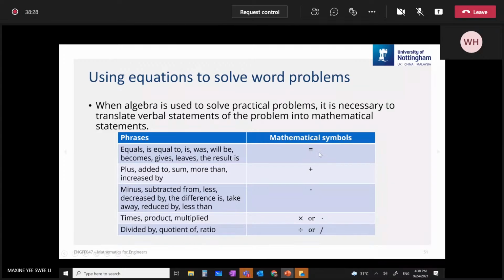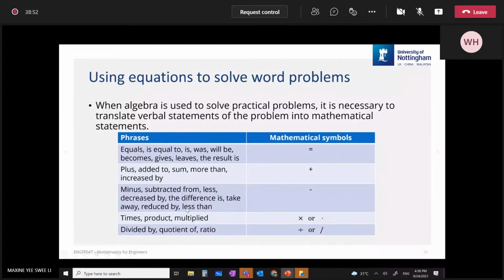All these, we use the mathematical equal symbol. Sometimes the statement might say added to, or increased by, or something is more than something else. Here it implies addition, so you need to use the plus symbol.